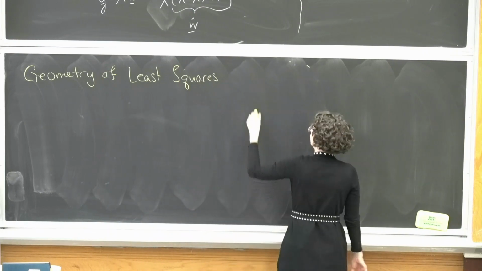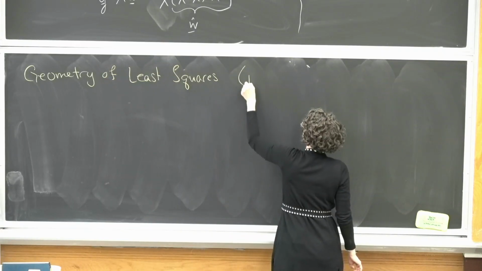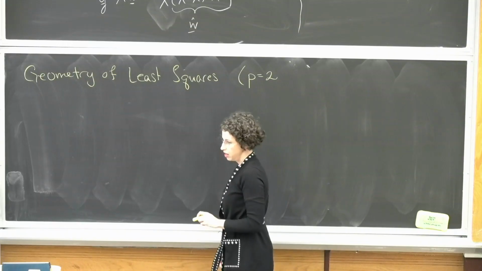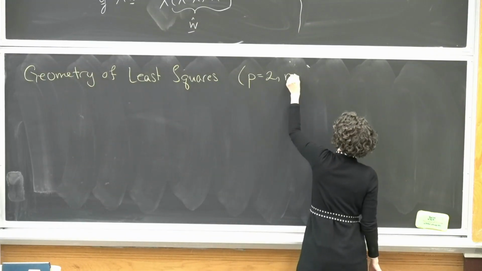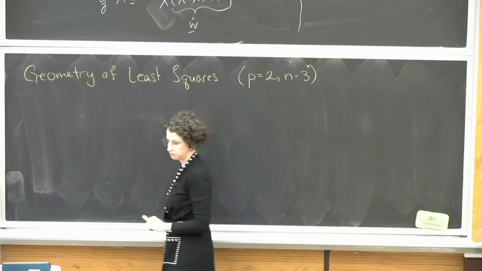We are going to do this in the setting where P is equal to 2, so we have 2 features, and N is equal to 3, so we've got 3 different training samples.